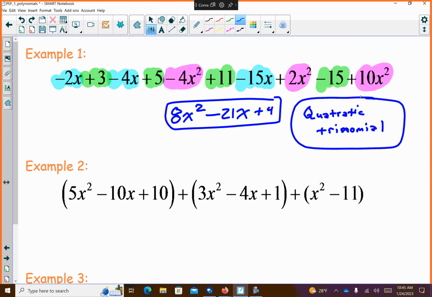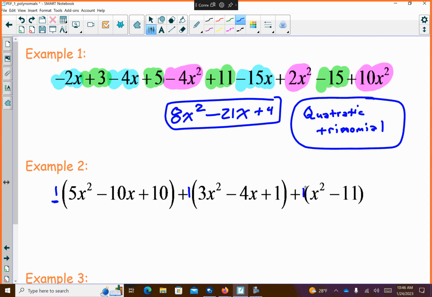Okay, so let's take a look at example number 2. When we see parentheses, things are grouped together. Agreed? So what number is in front of these parentheses right here? It's not really there, but we know it's there. That means there's one in front of this and one in front of this.